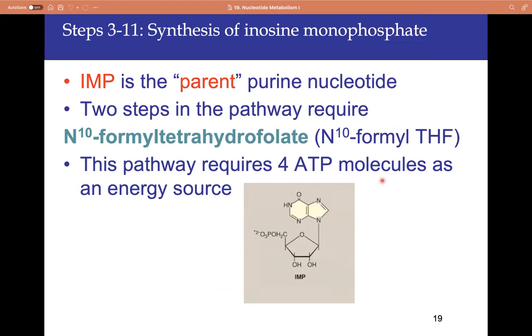THF can have different groups attached to it. But in various other bodily processes, THF can be present in various forms. All right, so this pathway requires 4 ATP molecules as an energy source. So probably what that means is phosphate is being given in various steps of this process.